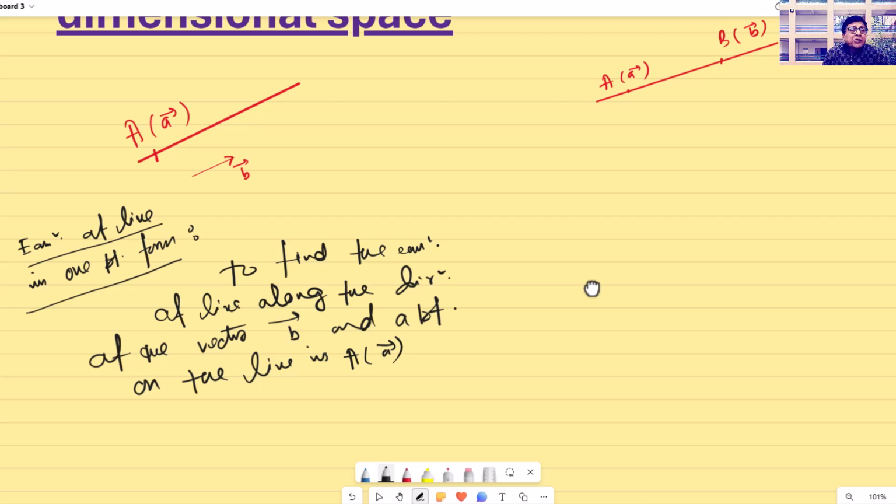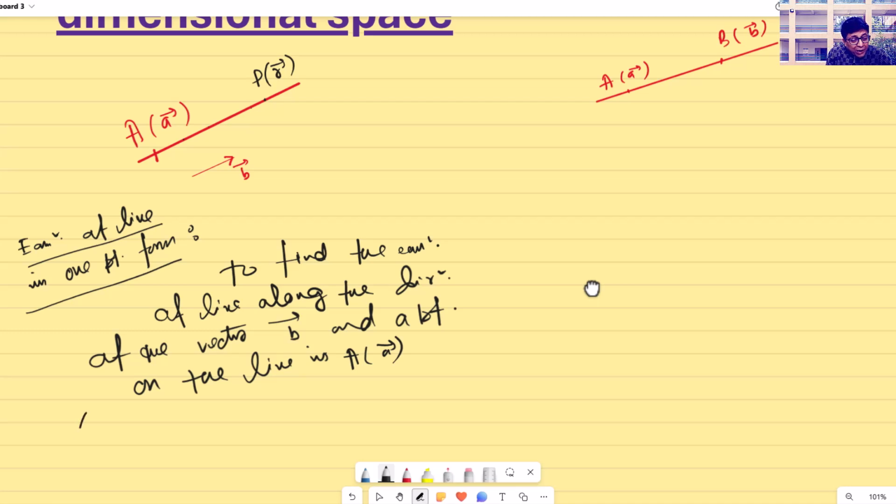To get the equation of the line, we need a variable point, because the variable point is moving in such a way that its direction, the way it moves, will be along the direction of this vector. So take an arbitrary point on the line which is R. R means in Cartesian equivalent it will be x, y, z.